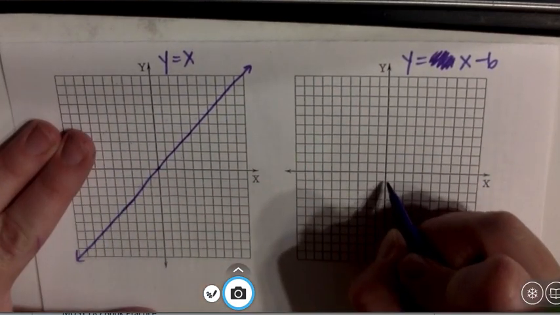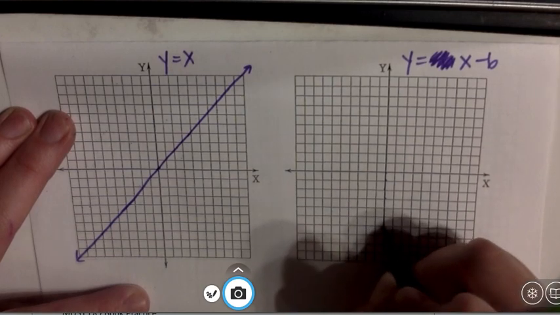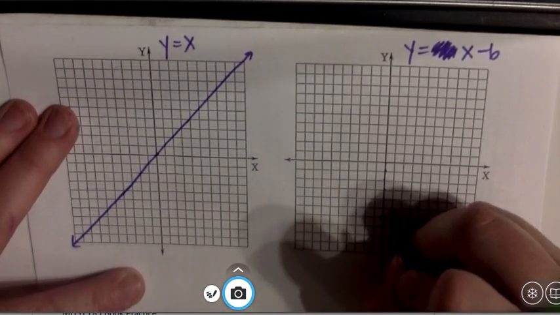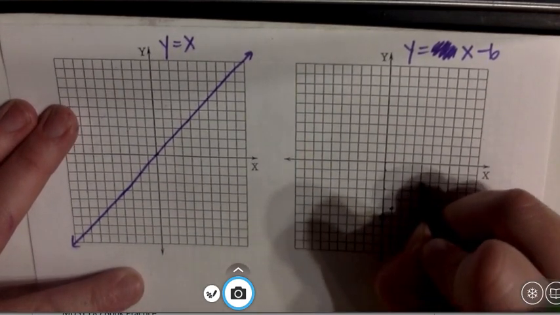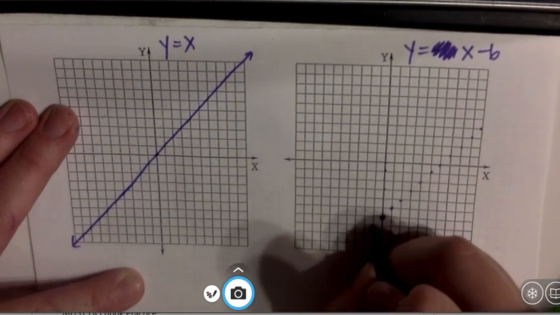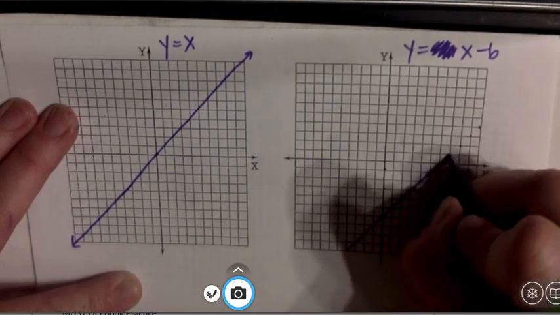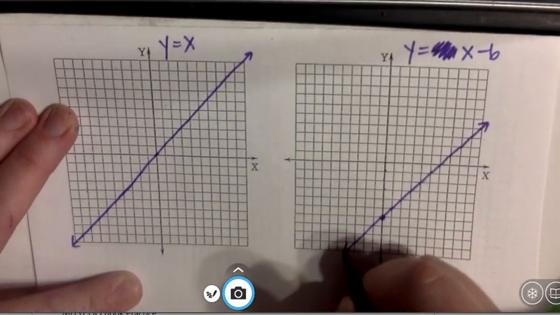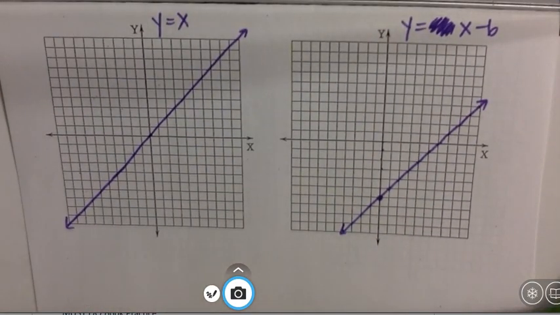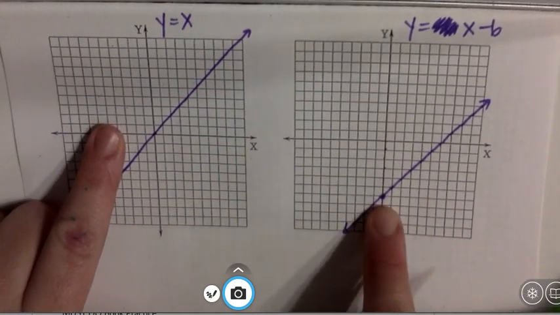We're going to start on our y-axis, 1, 2, 3, 4, 5, 6, down to negative 6. Now we are going to graph this with that same 1/1 slope and connect the dots.